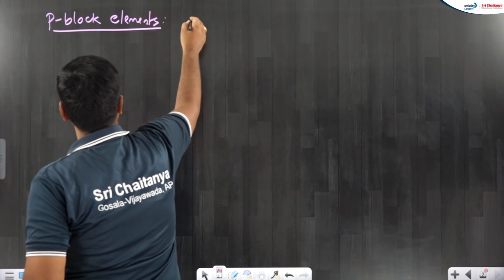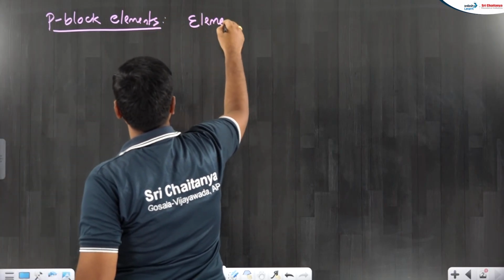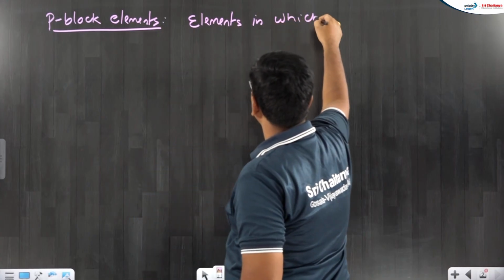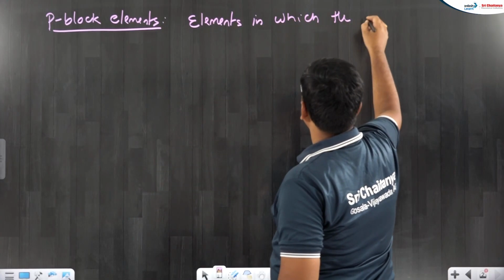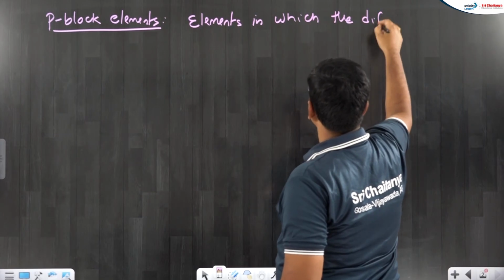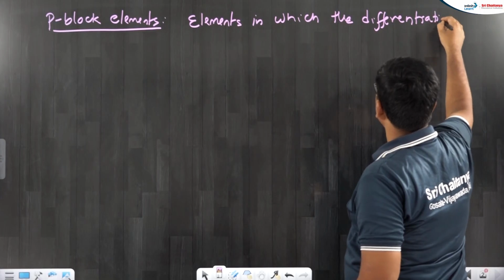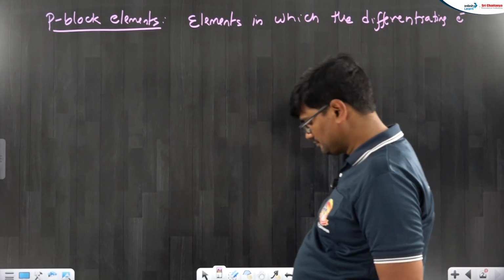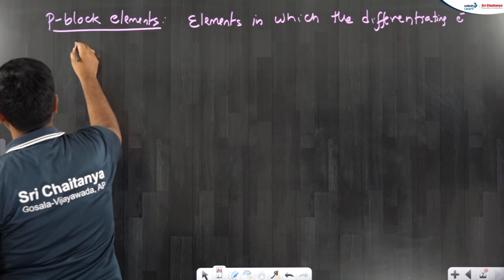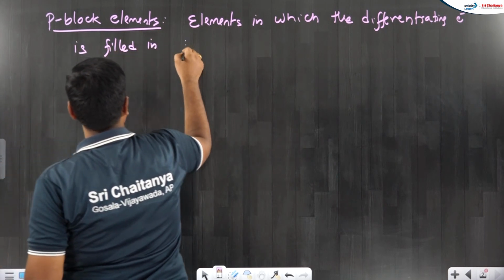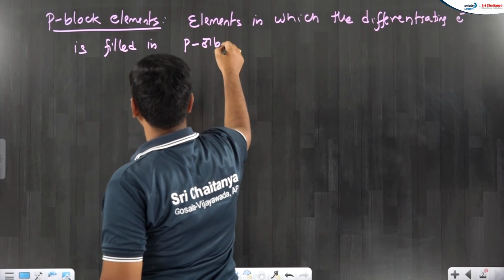These are the elements in which the differentiating electron, again I am telling, it is the last electron while filling, is filled in the p orbital of valence shell.